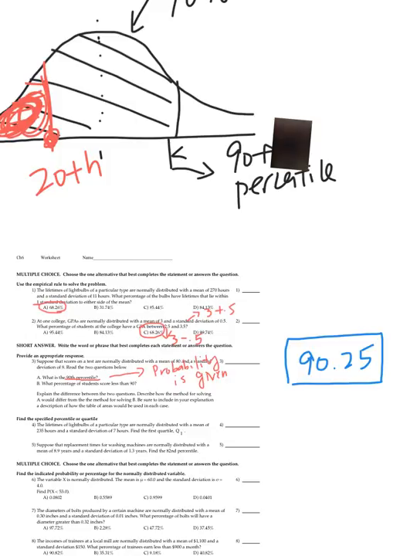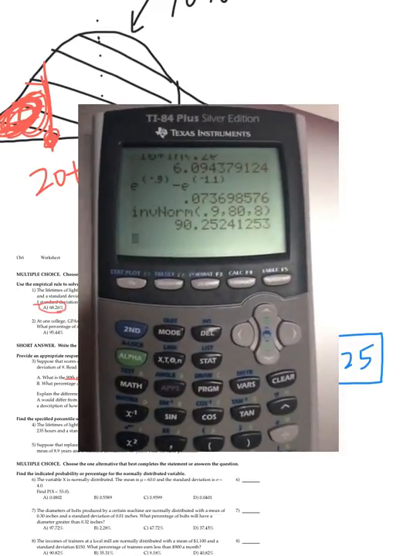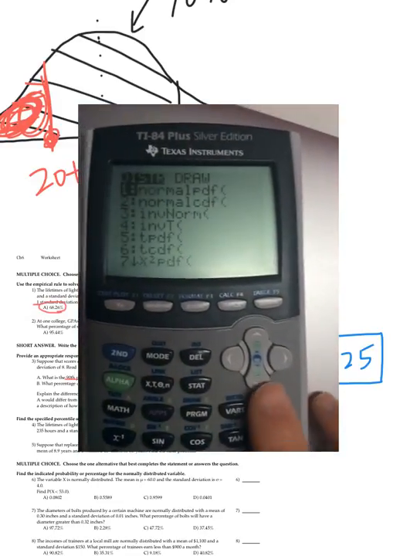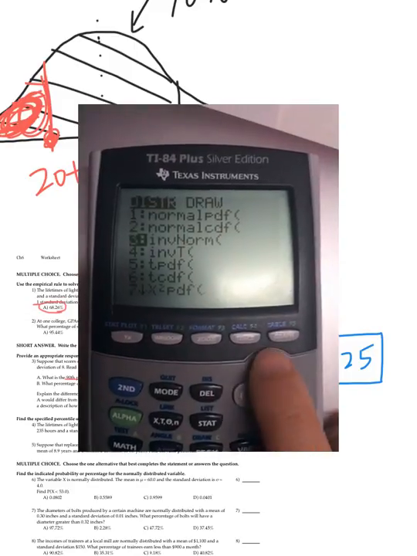For number 3B, what percentage of students score less than 90? We are looking for a percentage, which means we are looking for the probability. Now we need to use the function normal CDF. Second distribution, normal CDF.